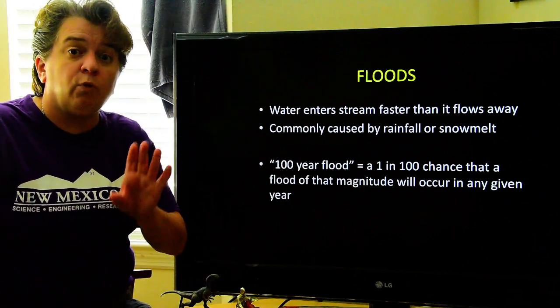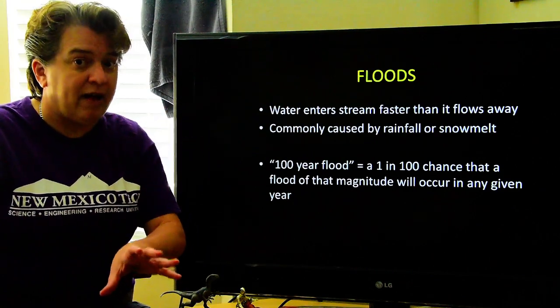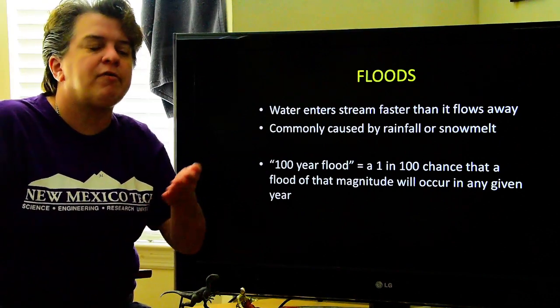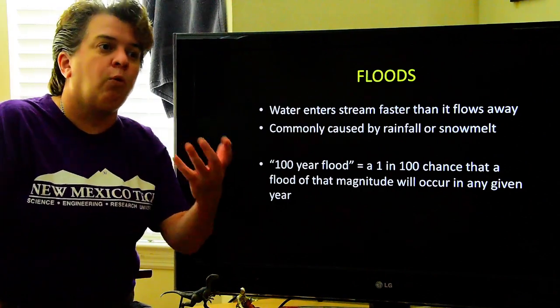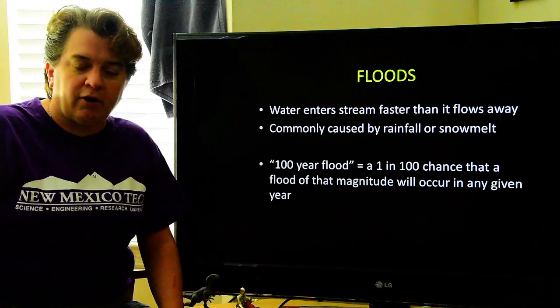So if you hear 300-year flood, that means there's a 1 in 300 chance. Or a 500-year flood, a 1 in 500 chance that a flood of that size will occur.